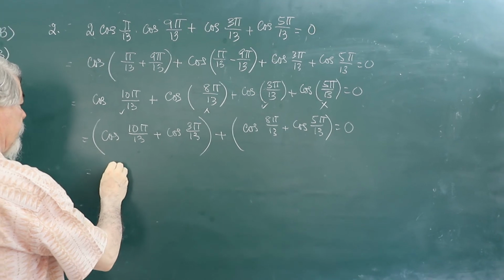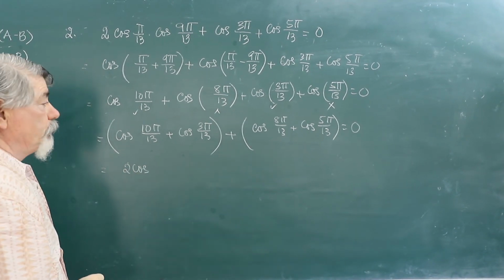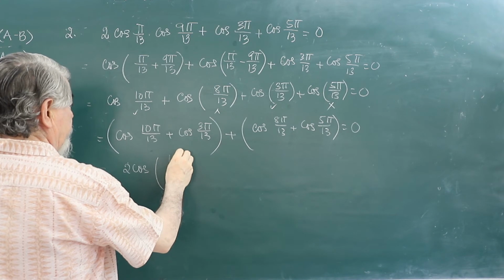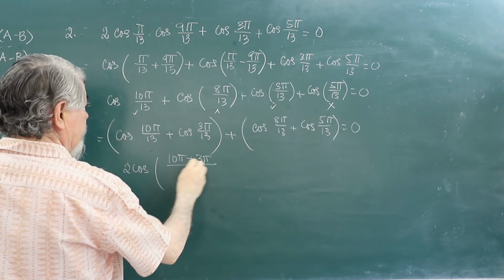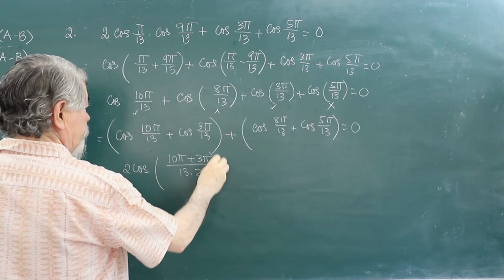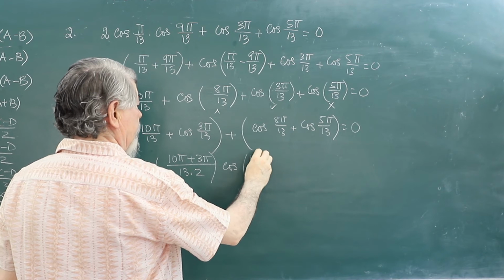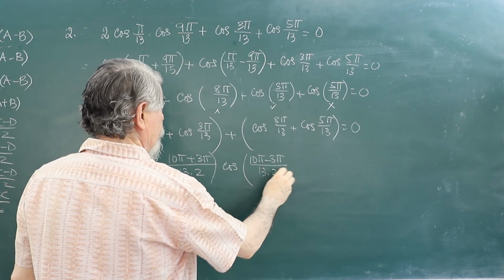Cos C plus cos D. So 2 cos((C+D)/2), 2 cos((C+D)/2). Yes. So (10π plus 3π) by 13 into 2, and then cos((10π minus 3π) upon 13 into 2).